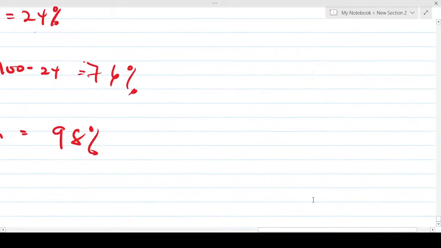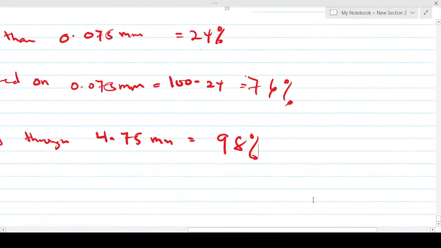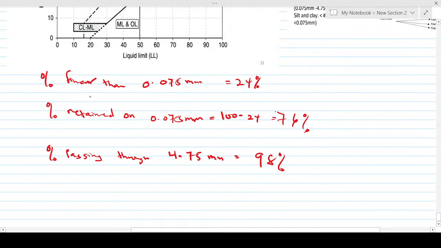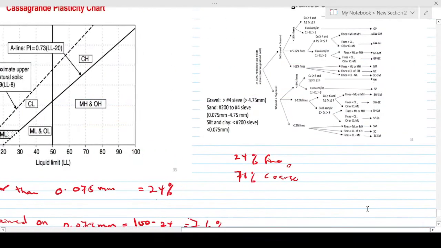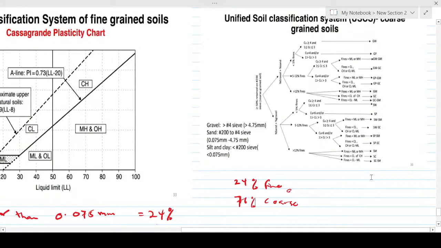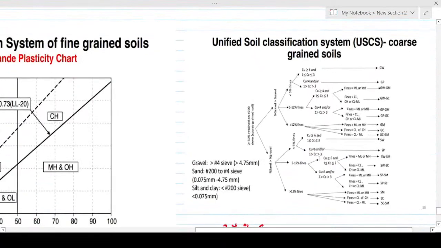So over here, percent finer than 0.075 millimeters is 24%, meaning that the material is 24% fine and 76% coarse. Since the coarse portion is more than the fine, we have to use the coarse classification table.